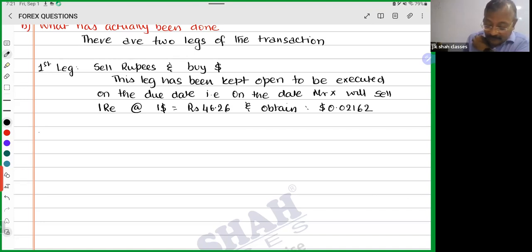Then second leg, sell dollar and buy yen.